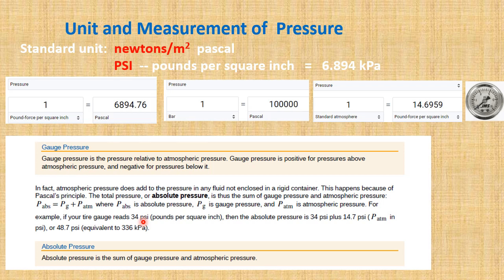But the actual pressure is higher because there's already by default the 14 psi there. So plus this, your 32 psi, the actual pressure is 47. That's a pretty simple idea. The gauge pressure is how much above the atmospheric pressure. Or mathematically, the absolute pressure, or real pressure, is the gauge plus whatever is already there, the atmospheric pressure.